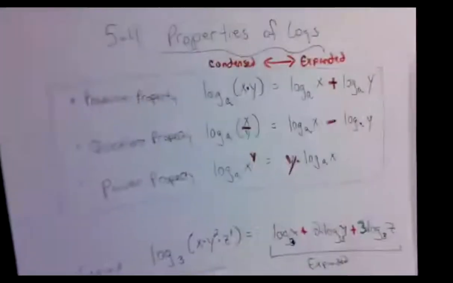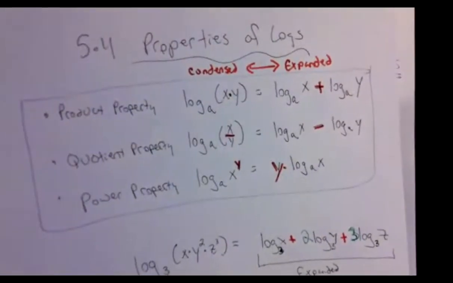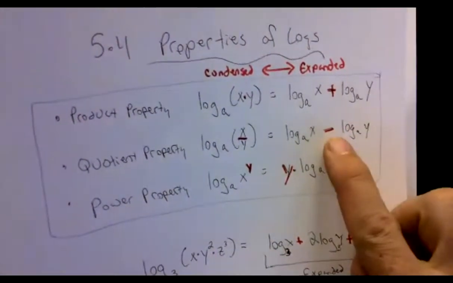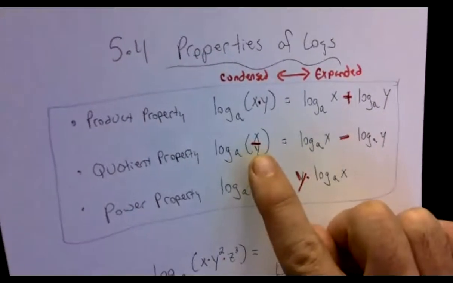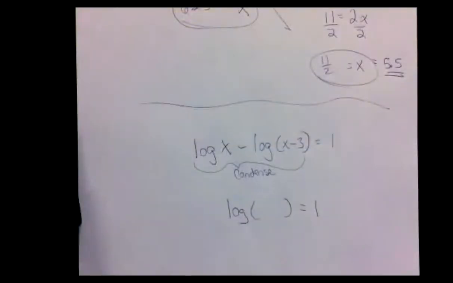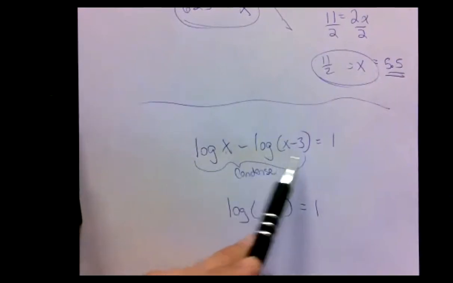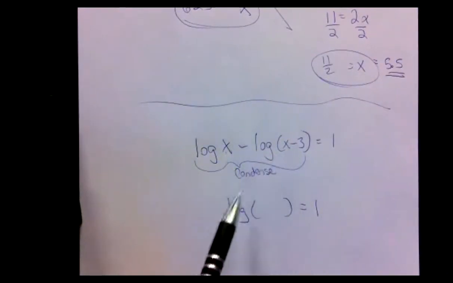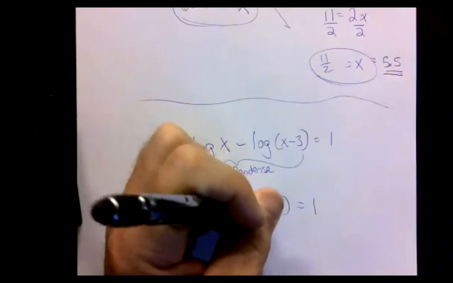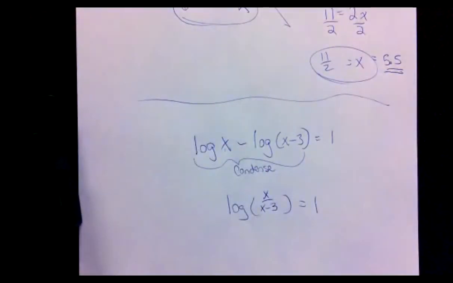Okay, so we're stealing from those properties from section 5.4. Remember, when you're subtracting, we can condense that to a division problem. So the log of x minus the log of x minus 3, as long as you have the same base, this becomes the log of x over x minus 3.